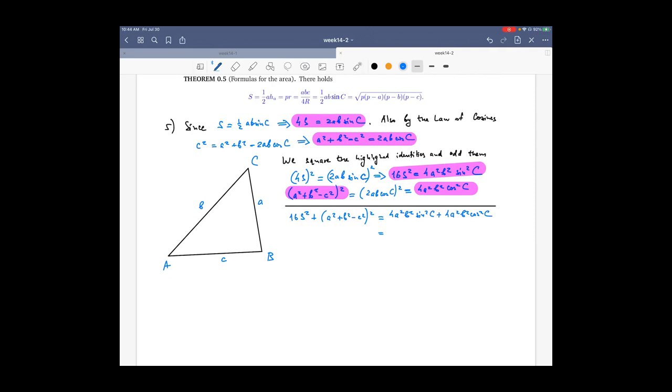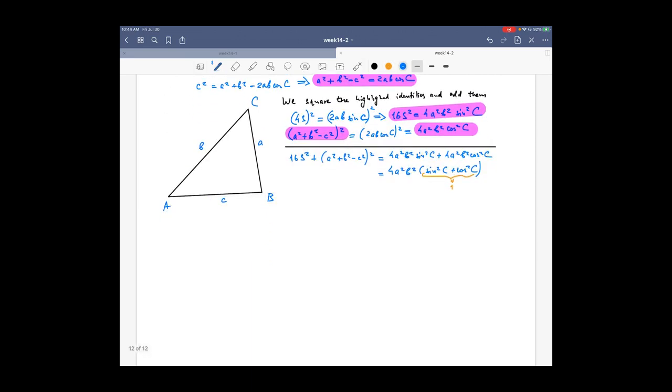And naturally, when on the right we factor out 4a squared b squared, sine squared plus cosine squared add up to 1. And so we end up with 16s squared plus a squared plus b squared minus c squared, squared, equals 4a squared b squared.